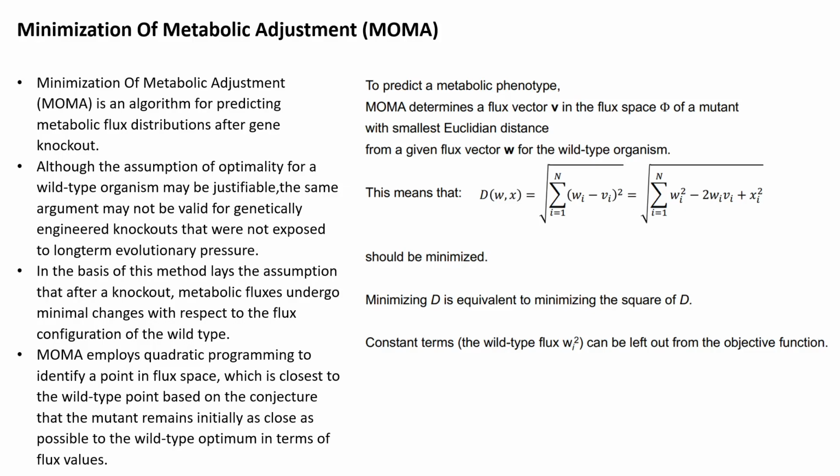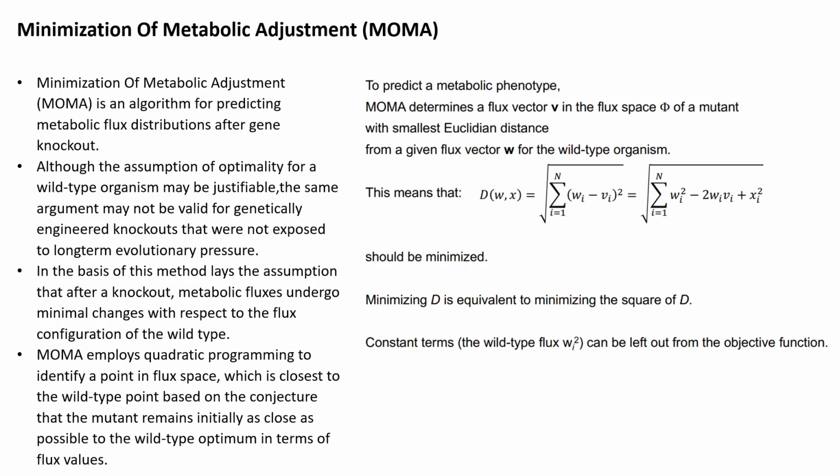If the mutant organism has not been put under long-term evolutionary pressure, the cell will try to bypass the knockout, or bypass that particular gene, in the most minimalist way possible. But that is not true when there are generations of evolution involved in the organism.